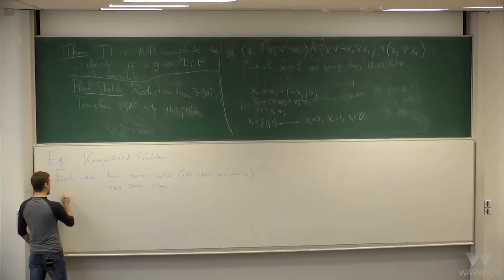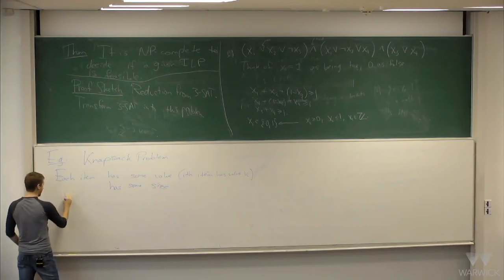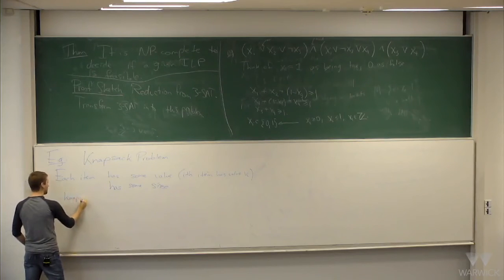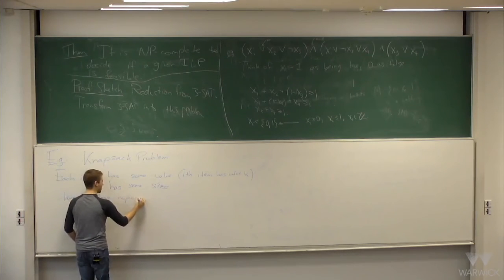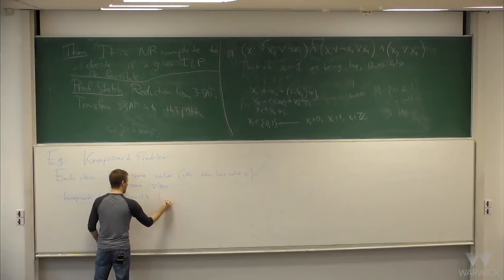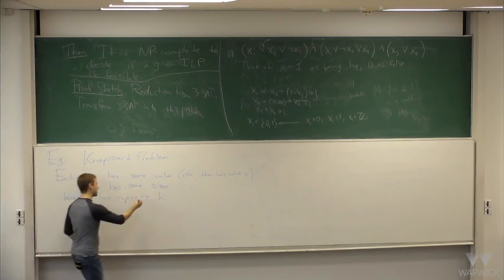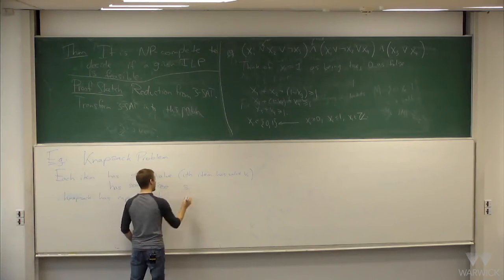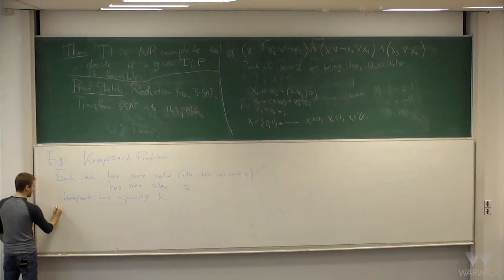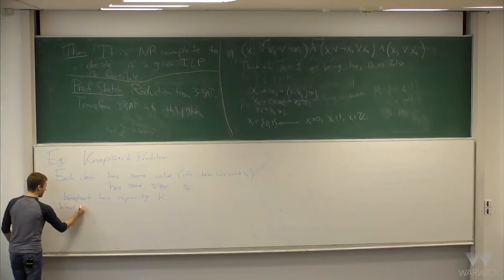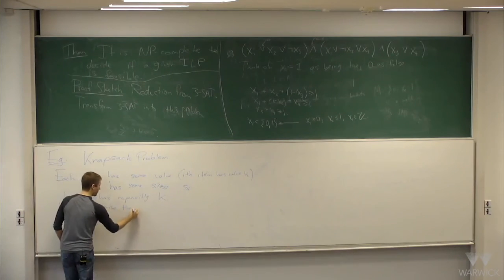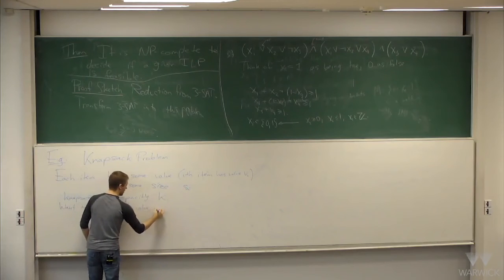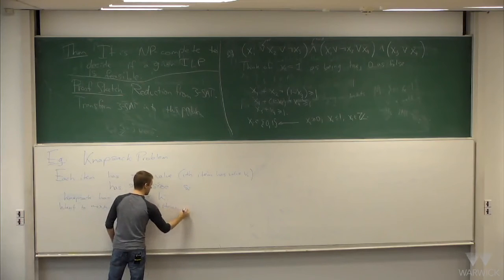So let's say your knapsack or your suitcase or whatever has capacity, let's say K. And let's say the size of the ith item is si. And so naturally you want to maximize the value of items you take.